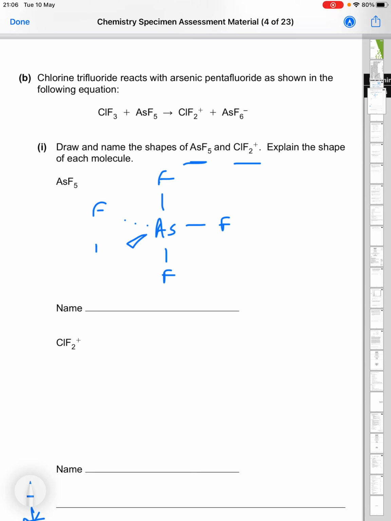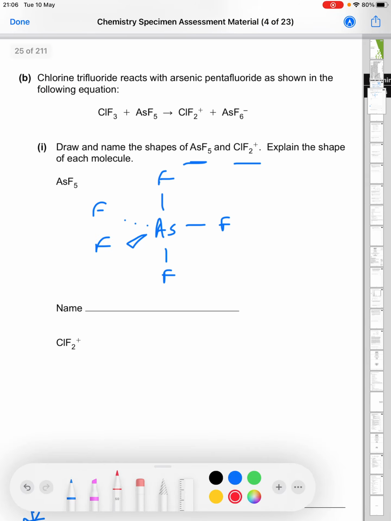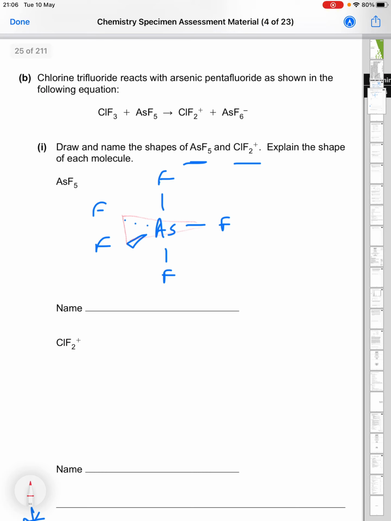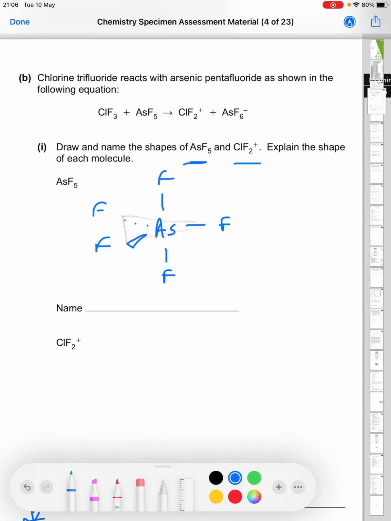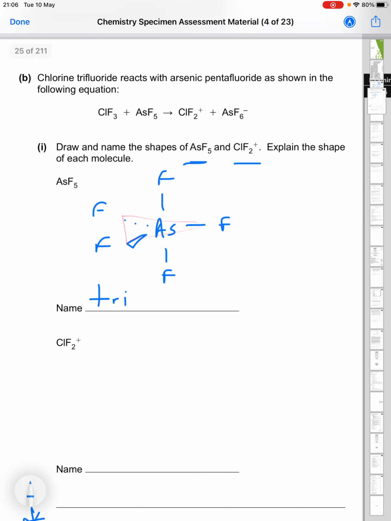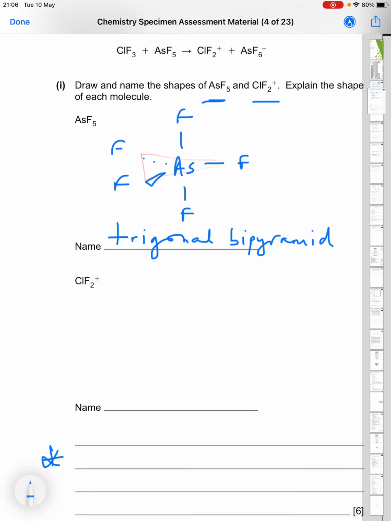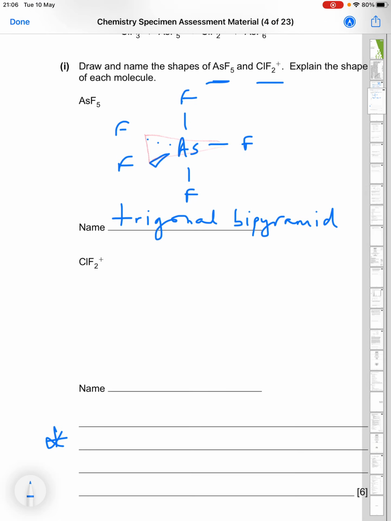So I'm drawing my little sort of 3D here, and that then is a little triangle in the middle, so it's called trigonal bipyramid.